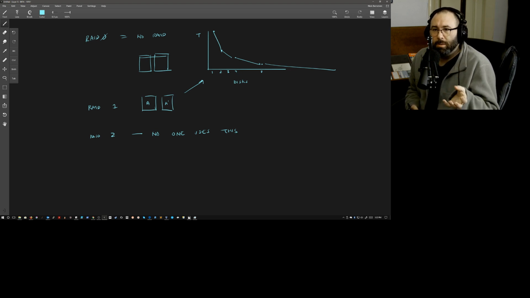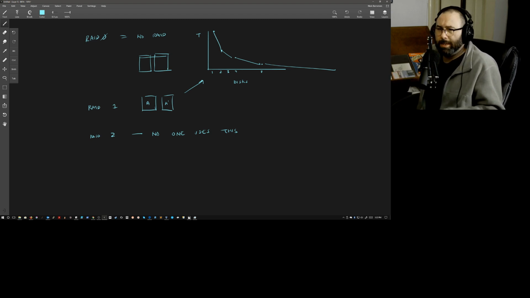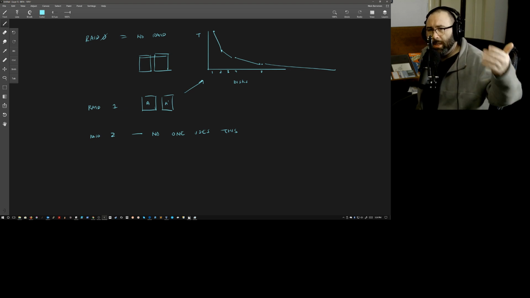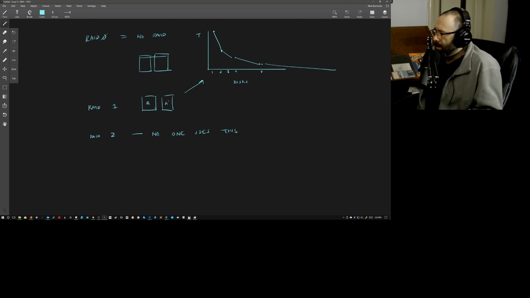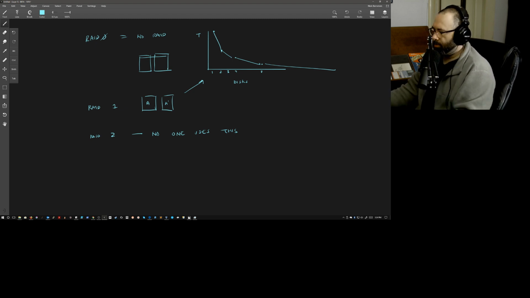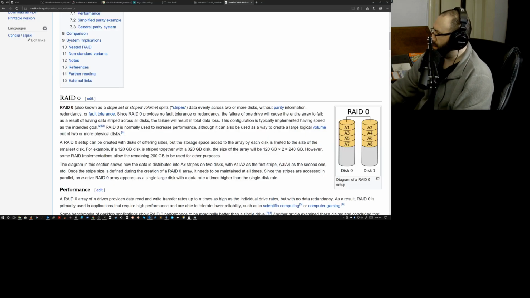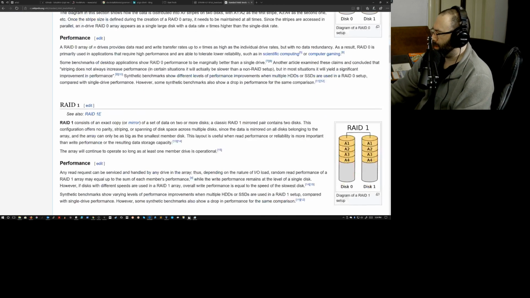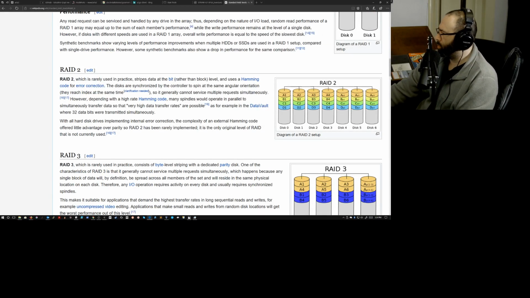RAID 0 and RAID 1 came right around the same time, and those were really obvious. The rest of the different types of RAID evolved afterwards, and they generally evolved in order, thus the numbering sequence. So RAID 2 was an attempt, and it's probably best to look at Wikipedia because, since we don't really use this anymore, I don't typically remember how this works.